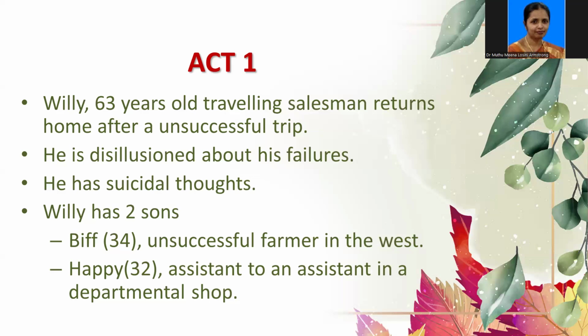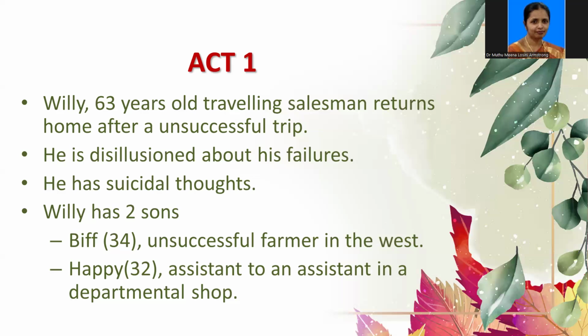We have seen in the character list itself, Biff, who is 34 years old, and he is also unsuccessful, just as his father. Happy, who is 32 years old, is an assistant to an assistant in a departmental shop. So these two sons are also not wealthy or successful as their father expected them to be.